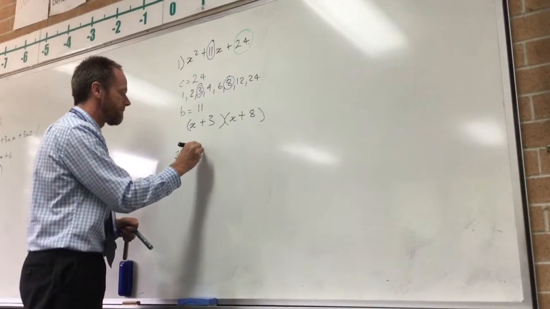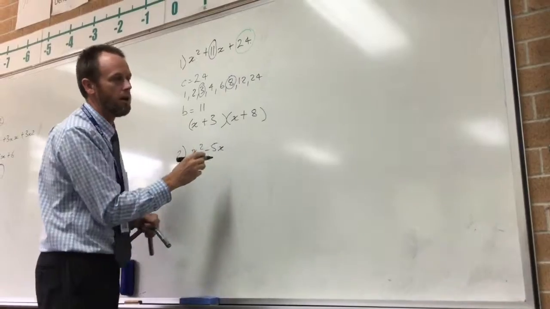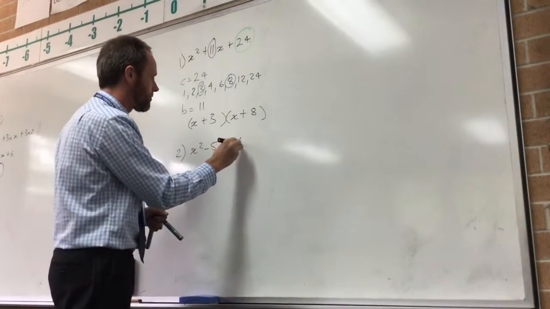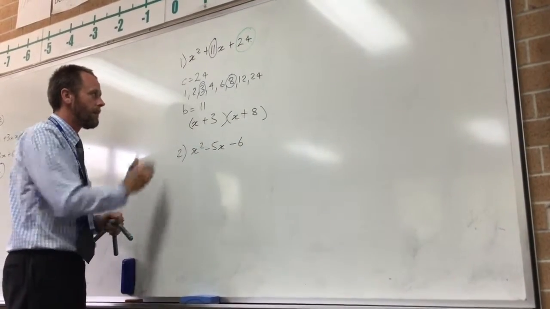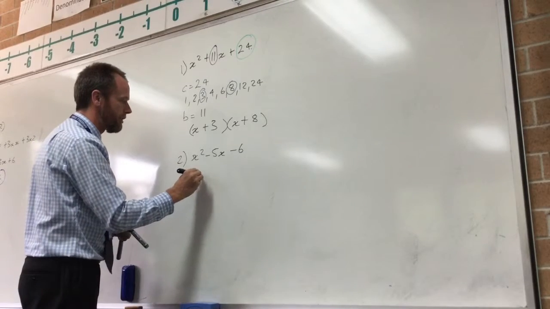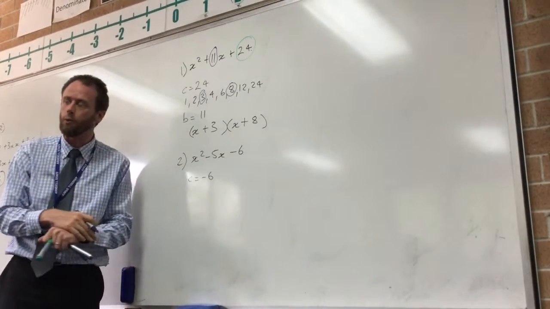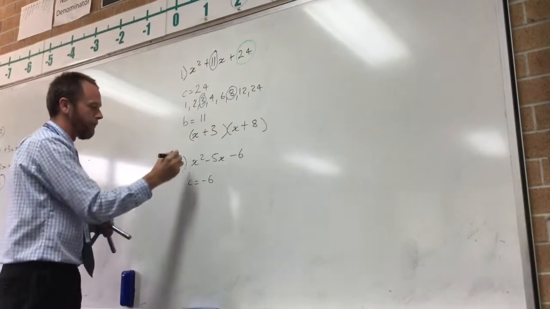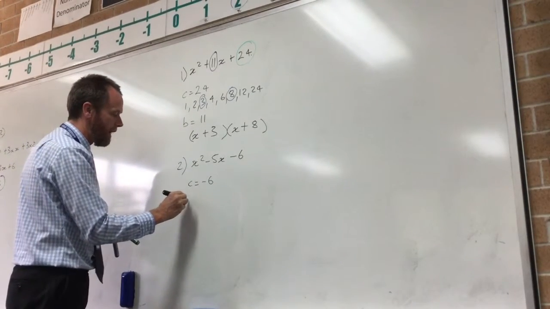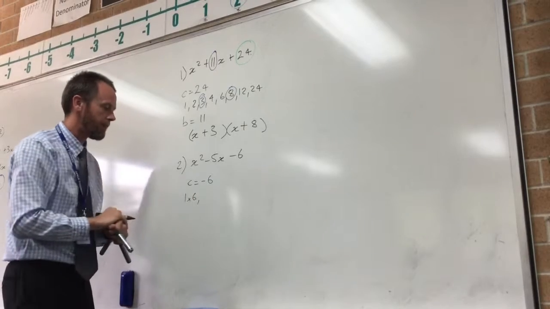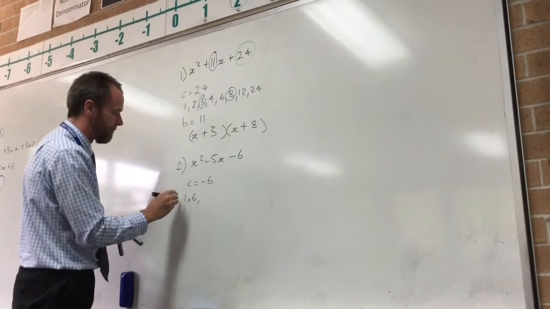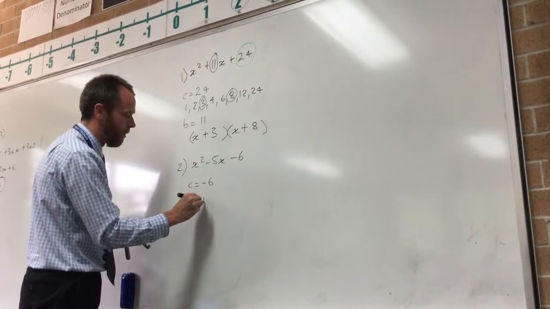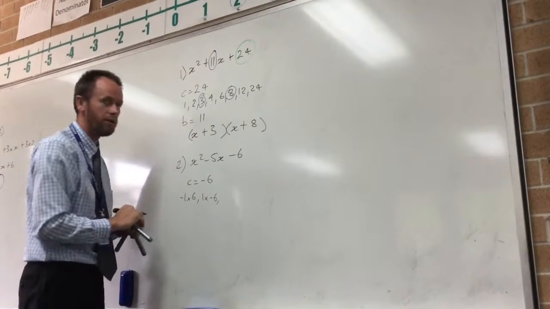X squared minus 5x minus 6. So my c in this case is equal to minus 6. Be careful with your minus. Now let me write it in a different way this time. I can have 1 times 6. Sorry, it'd be minus 1 times 6. I could have 1 times minus 6.